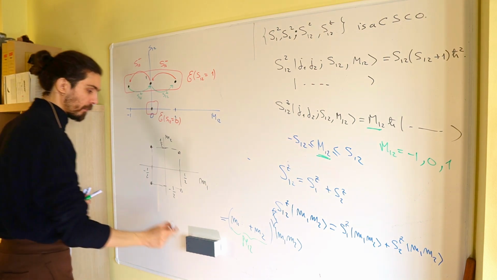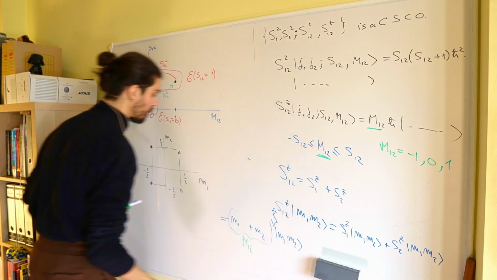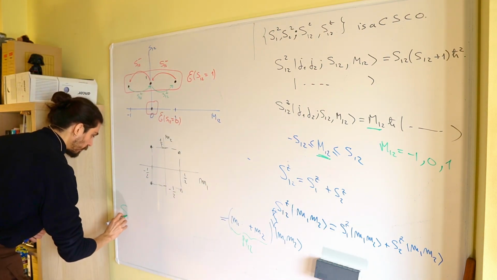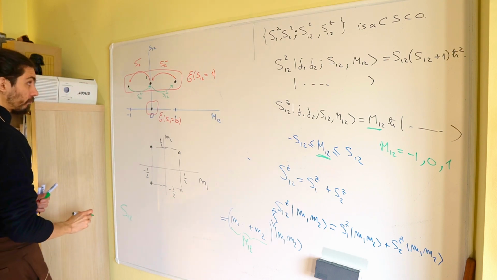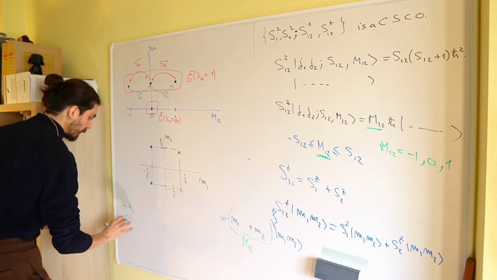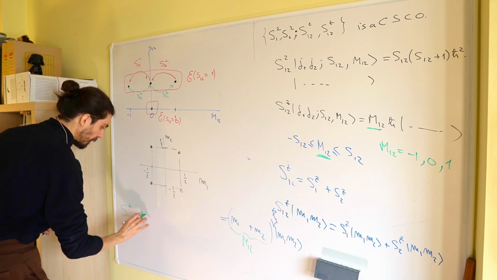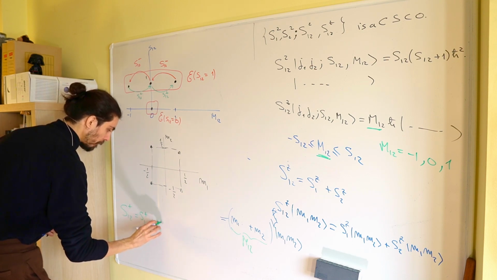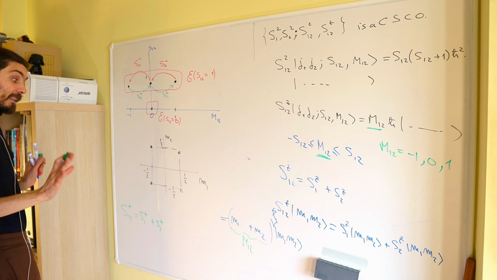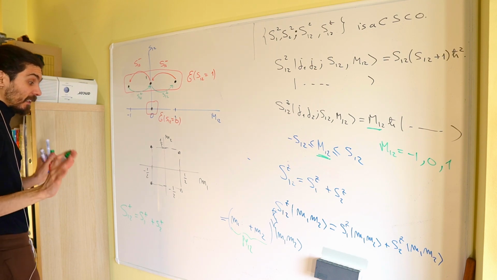Let me write the ladder operators here, because we are going to use them soon. So S12 plus is equal to S1 plus plus S2 plus, understood in the extended sense.